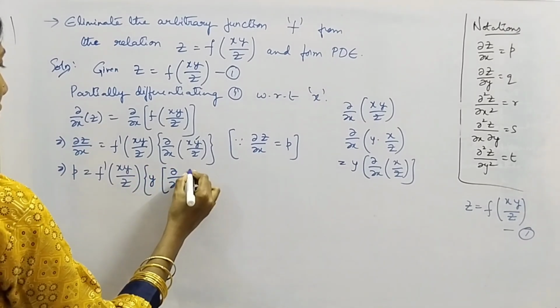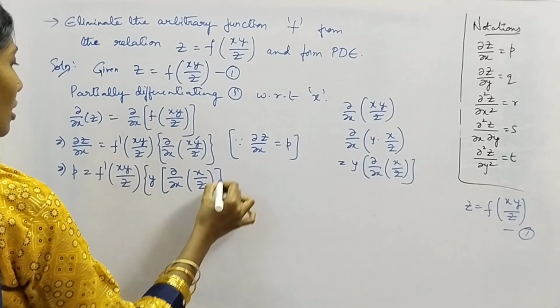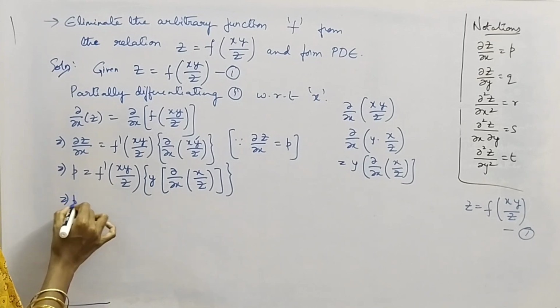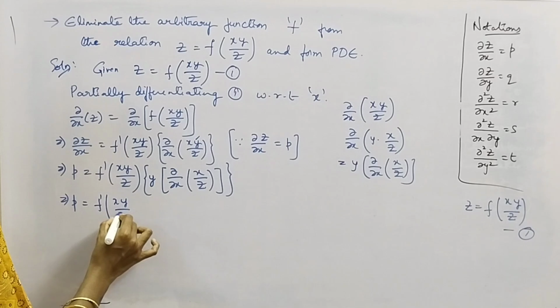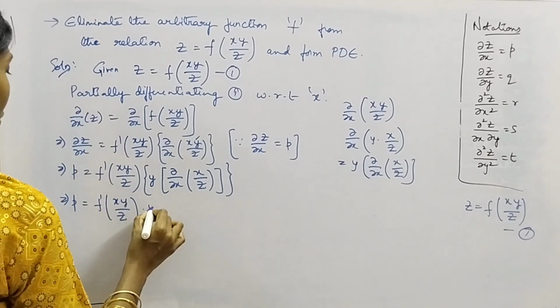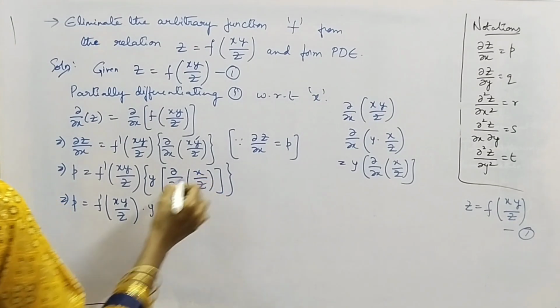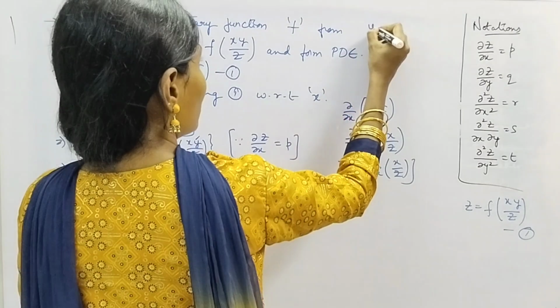This gives us p equal to f dash of xy by z into y into the partial derivative of x by z.